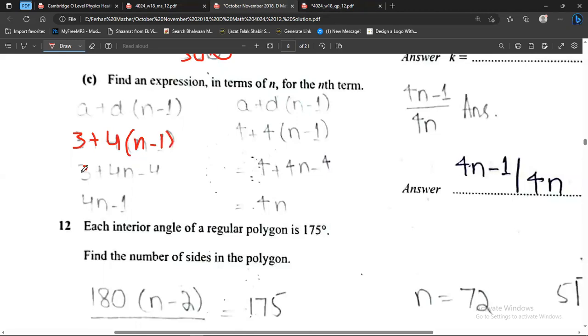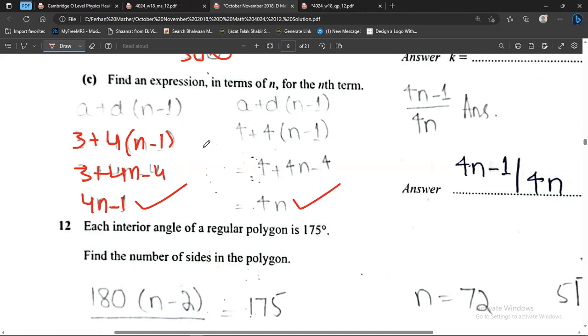So you will have 3 plus 4n minus 4. So this will be 4n minus 1. And this is the numerator, and the denominator was the table of 4. The table of 4, its nth term will be 4n, or you can actually calculate it.